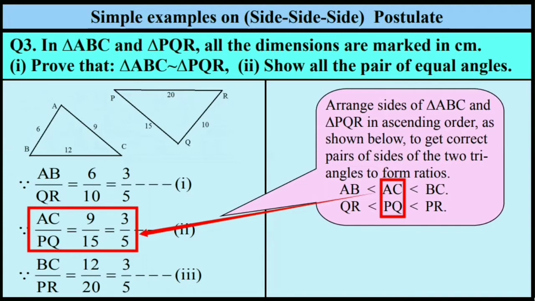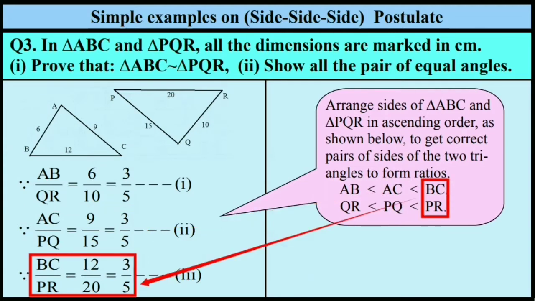Hence we find the ratio AC by PQ and that too comes 3 by 5. Now BC is the largest side of triangle ABC and PR also is the largest side. Hence BC by PR again is the right ratio and we evaluate and it comes 3 by 5 again.